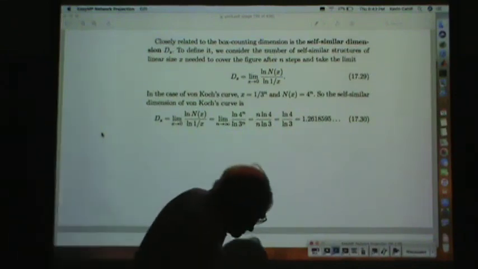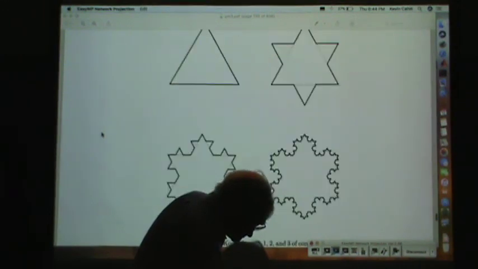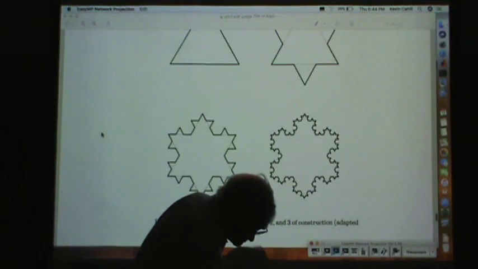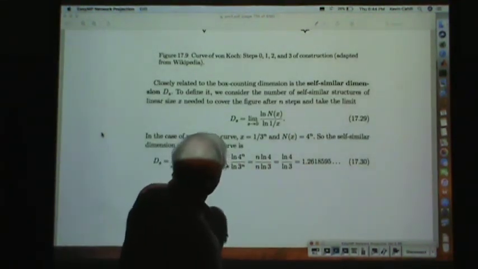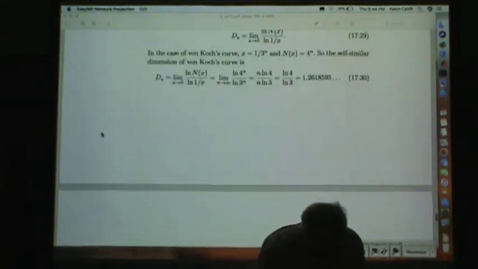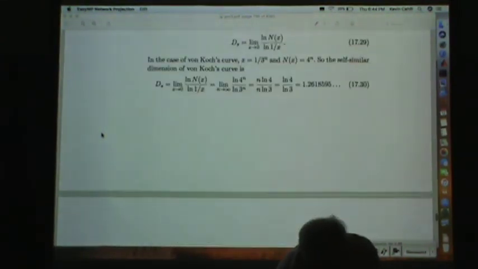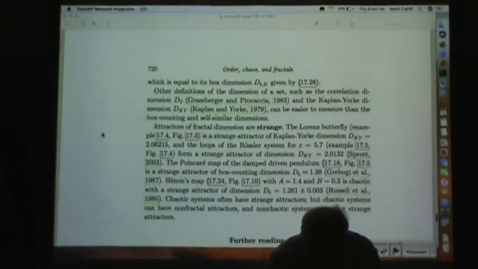Isn't that the same? That must be the same number, isn't it? Yeah, it's the same number, which is equal to its box counting dimension.